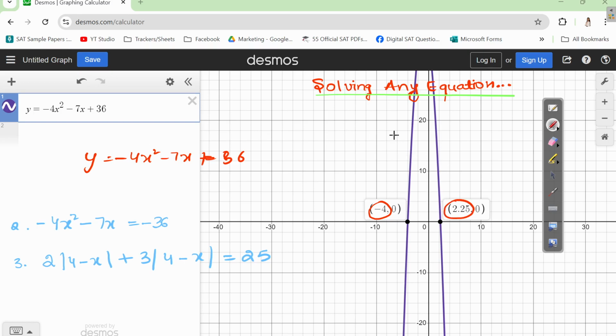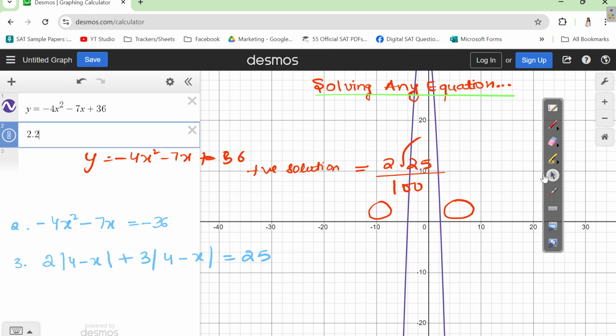Now there is one possibility that, let's say, in the question they are asking for the positive solution, and the positive solution is obviously 2.25. And if they have given all the answer choices in fractions, then either you can convert 2.25 into a fraction manually by dividing by 100 and then simplifying the fraction, or just type 2.25 here and then click on this button.